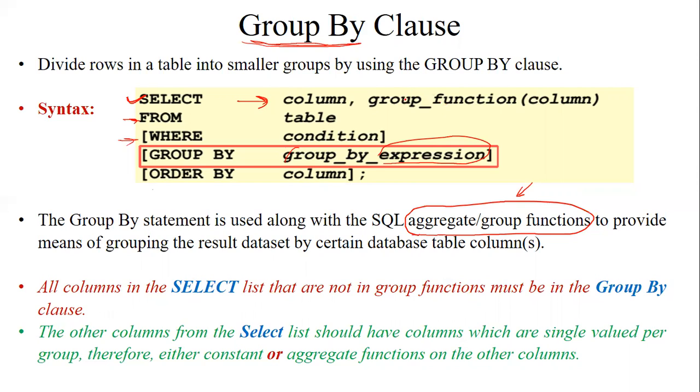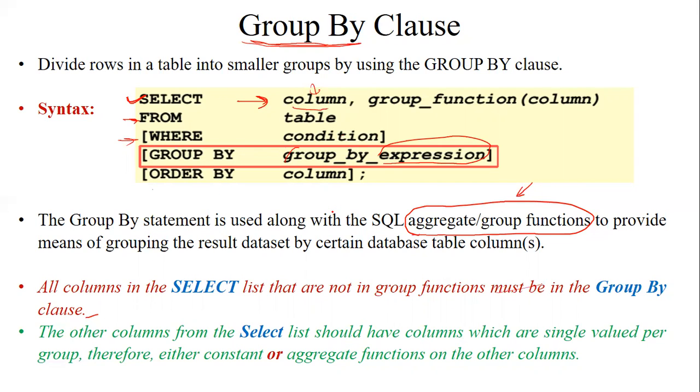Here some columns have a group function, and some columns do not. The columns that are not in a group function, where we are not specifying any group function, must be in the GROUP BY clause.